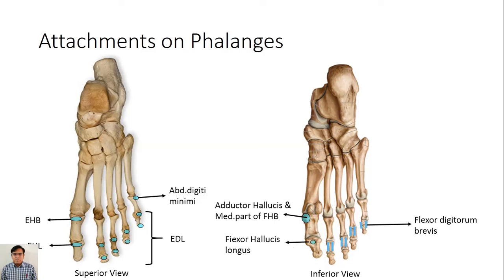And this is the attachment of flexor hallucis longus on the base of the inferior aspect of the distal phalanx of the great toe. The lateral aspect of the inferior aspect of the proximal phalanx of the great toe gives insertion to adductor hallucis and the lateral part of flexor hallucis brevis.